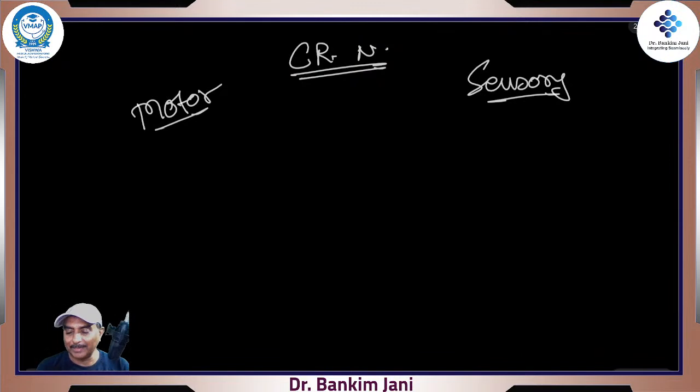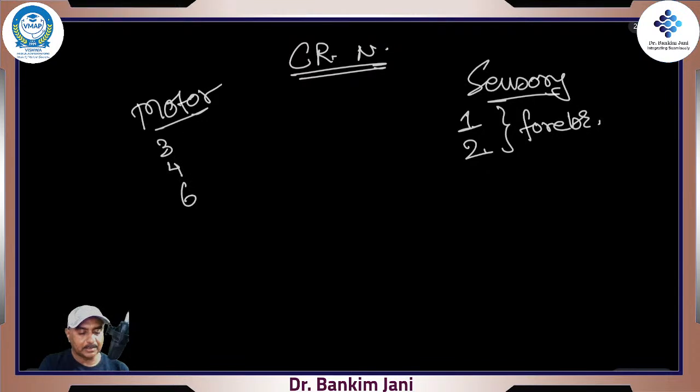Start with, very easy. Olfactory, smell. So this is one. Sensory. Optic, that is this. So they will be from the forebrain. Third one, oculomotor, for the eye. 3, 4, and 6: oculomotor, trochlear, and abducens.